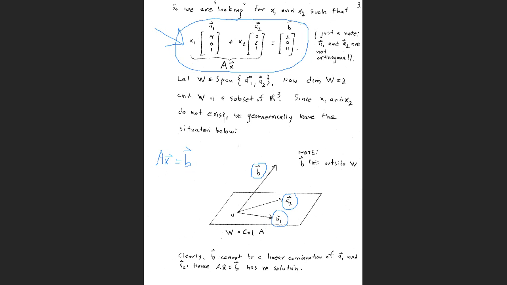Since the vector B cannot be written as a linear combination of A1 and A2, the vector B cannot be in that subspace W. And this is what we mean geometrically when a system of equations cannot be solved. This is the geometric interpretation of that.